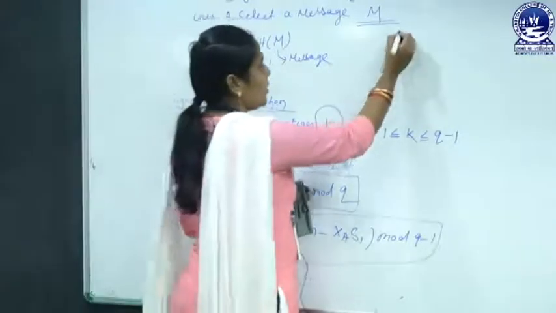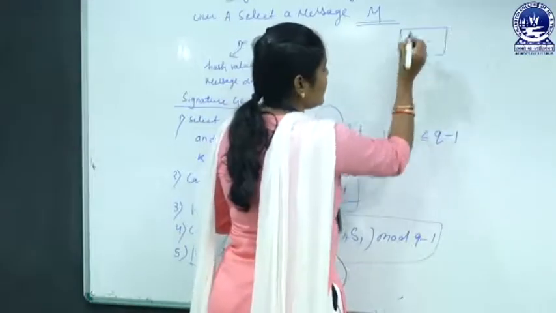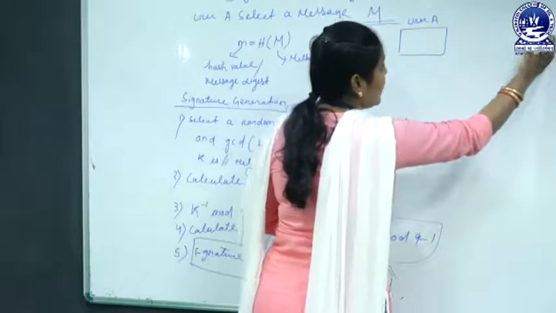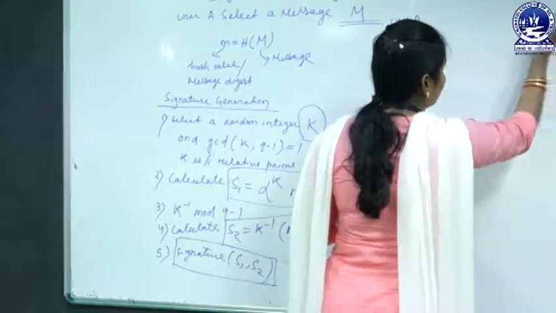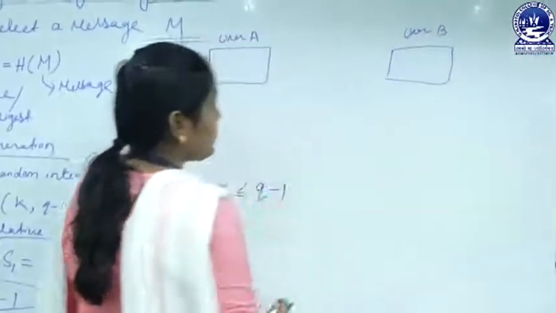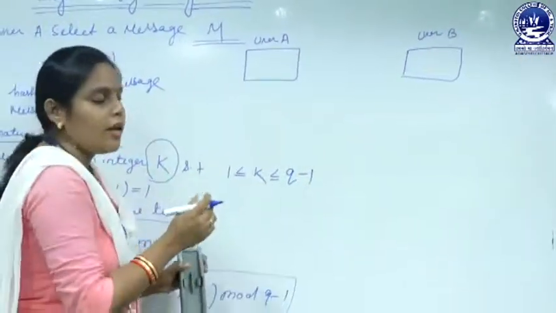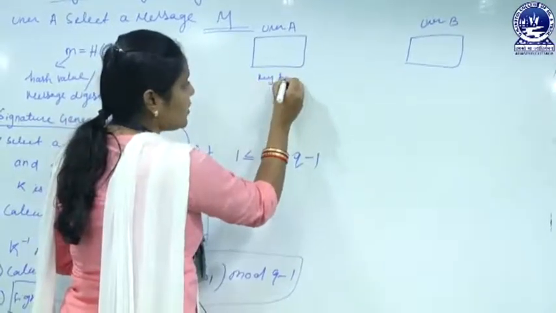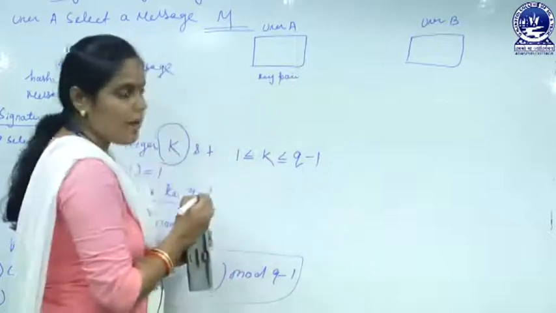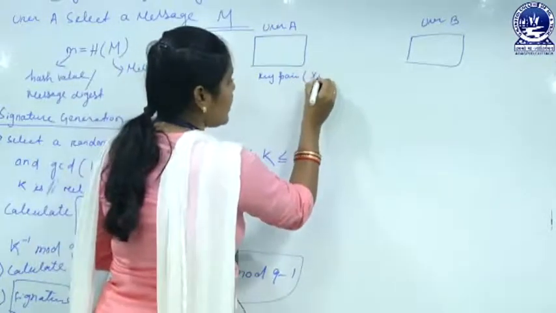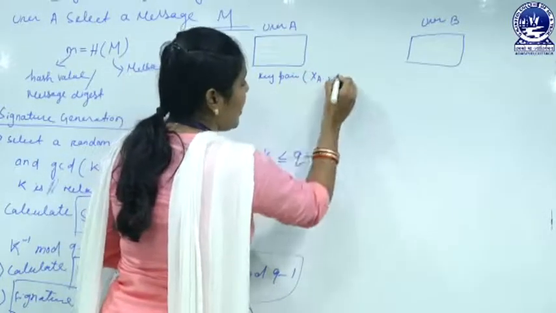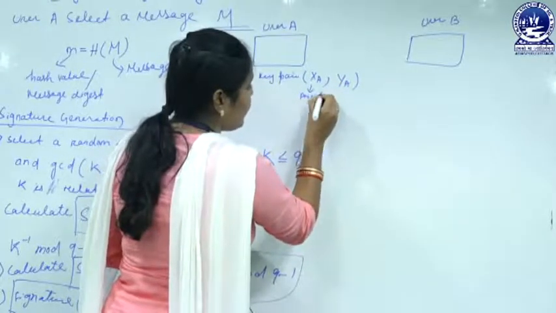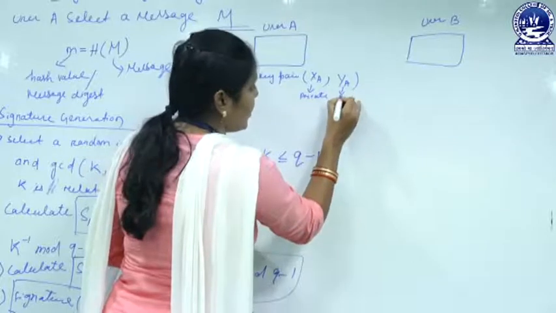Now look at here. Suppose this is our user A and this is our user B. User A first generates its key pair, that means the public key and the private key. Here XA is the private key and YA is the public key.